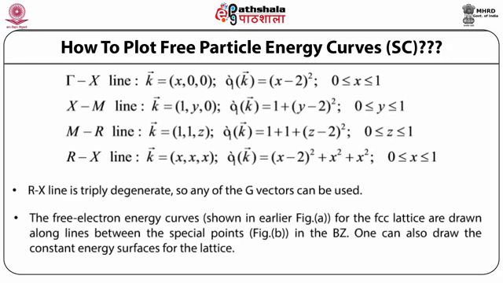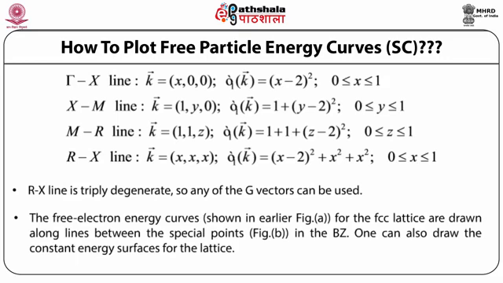Similarly, the XM line has the components of the k vector as (1, y, 0) as before, but the energy has changed to 1 plus (y minus 2) whole square. The MR line has the k vector (1, 1, z), and the energy is 1 plus 1 plus (z minus 2) whole square. And finally, the RX line has the k vector (x, x, x), and the energy is (x minus 2) whole square plus x square plus x square. This RX line is triply degenerate, so any of the G vectors can be used.